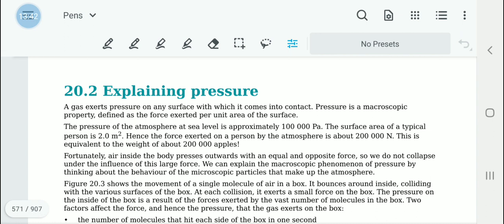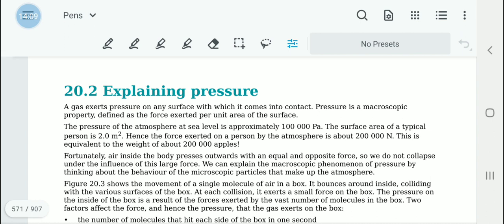Right. So then, explaining pressure, we have discussed this to a great extent at all levels. A gas exerts pressure on any surface that it comes in contact with, and you can remember how pressure exerted by fluids, that is gases and liquids, differs from the pressure exerted by a solid surface.